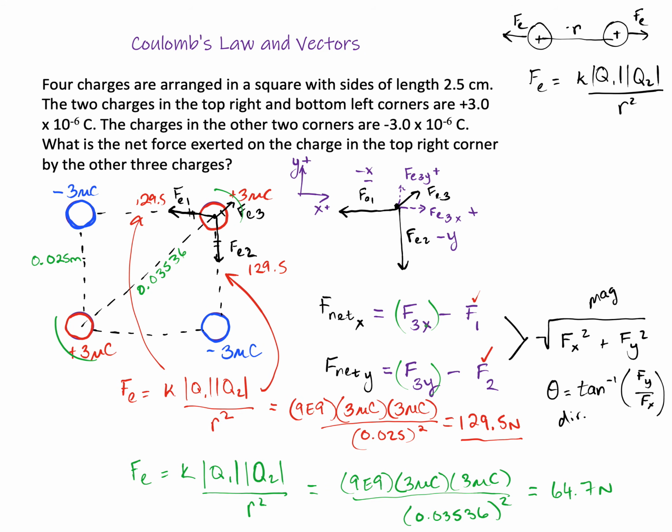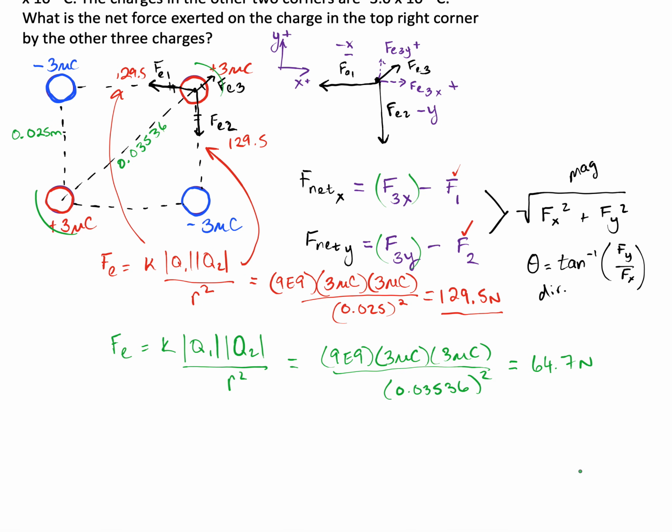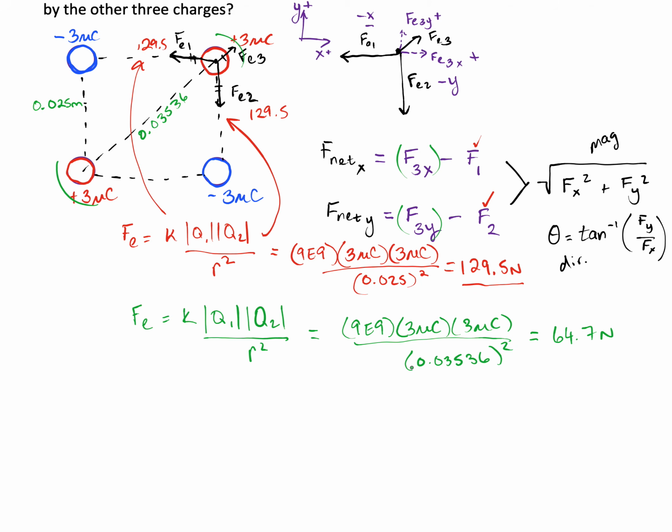Okay, so what that means is I need to first break this apart, right? I need to get the x component and the y component. And if you recall, the way that I do that is to say F3 in the x is equal to F3 times the cosine of the angle if I'm using this horizontal angle, and F3y would be F3 sine of theta.